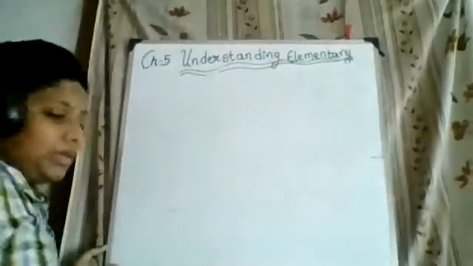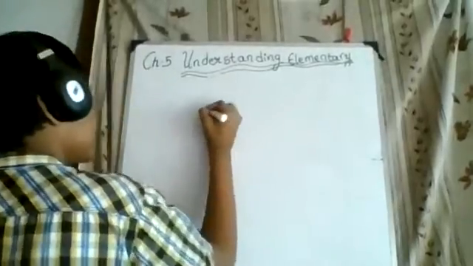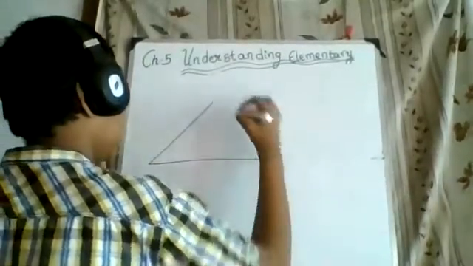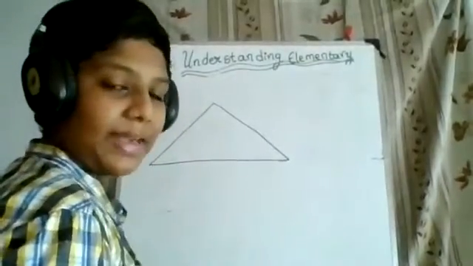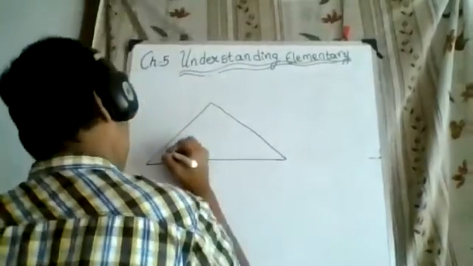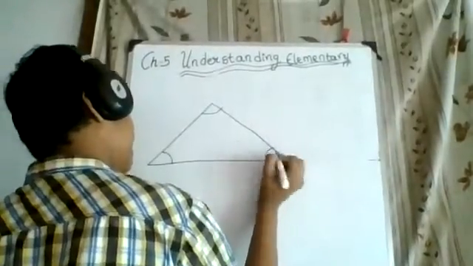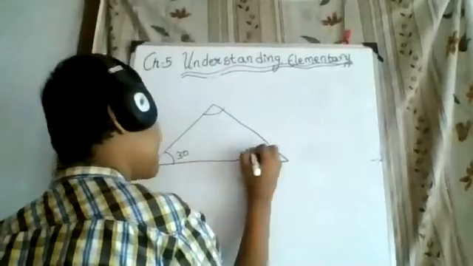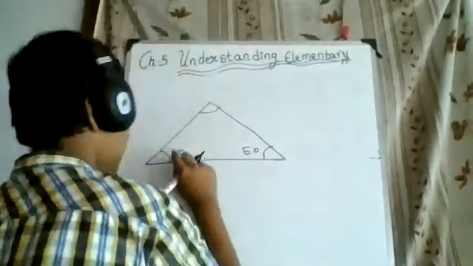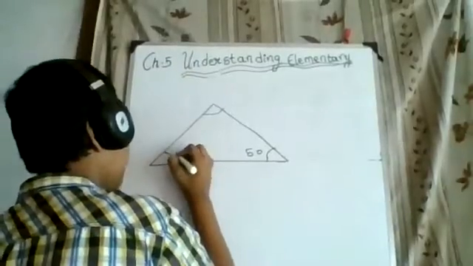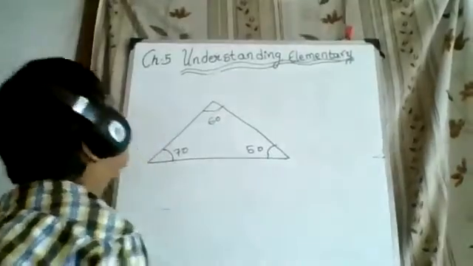Next we are going to see classification based on angles. See, if all three angles are acute, this is 30, this is 50, let us take this is some 70, then this will be 60.